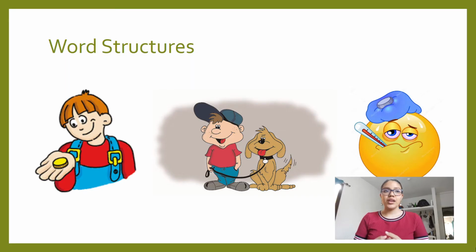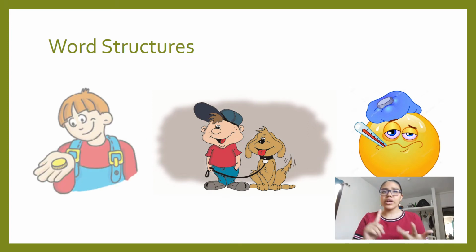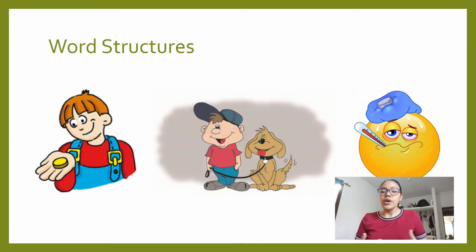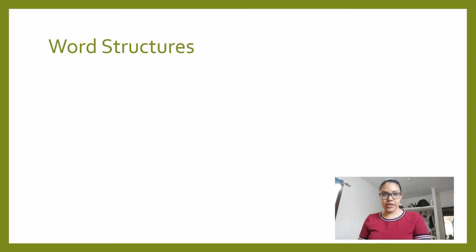Word structures. Now, let's see a structure that helps us to identify whether it is American or British English. When we talk about possession, relationships, or illnesses, among others, we say in American English that we have something, which is different in Britain because they say, I have got something.